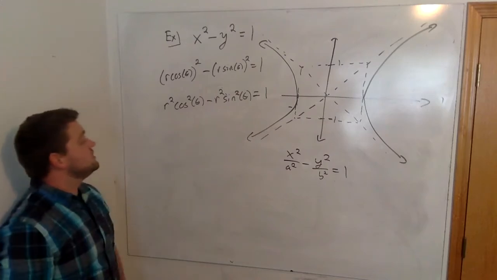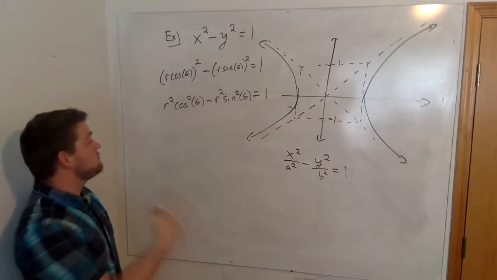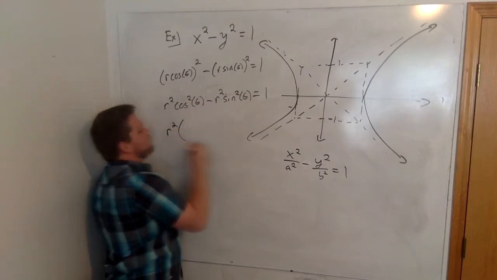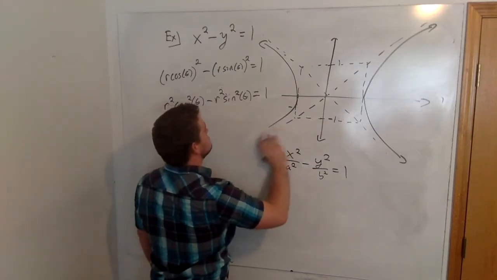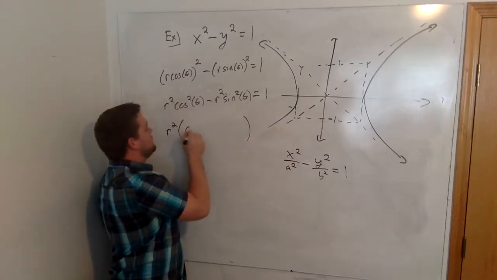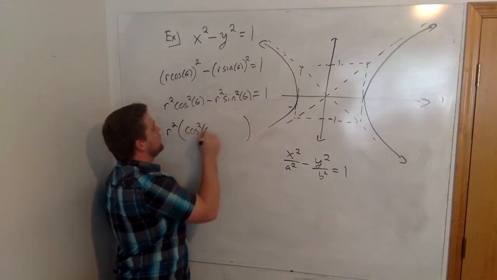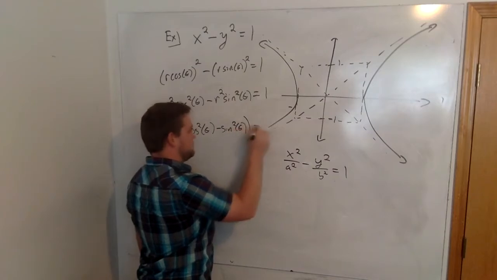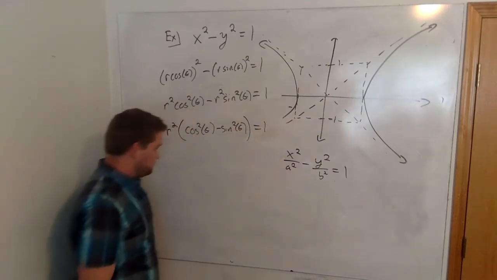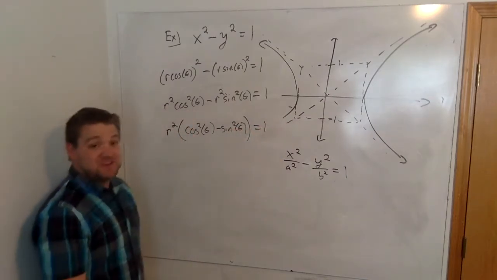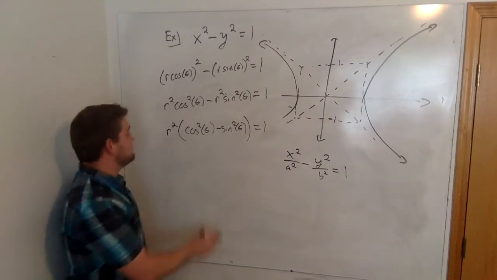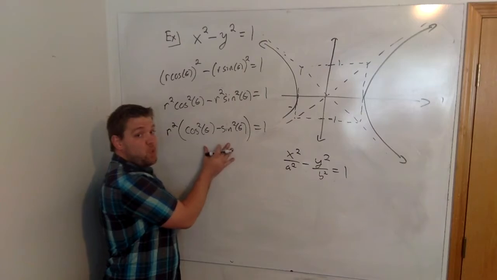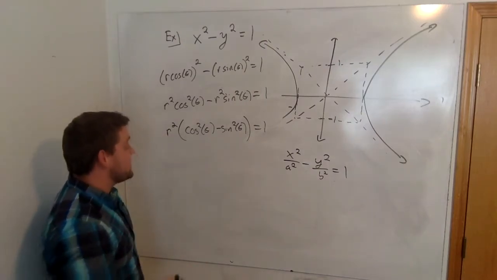A good thing to notice for this example is we can factor out an r squared. If we factor out the r squared, we'll be left with cosine squared of theta minus sine squared of theta being equal to 1. This is a little bit different. This isn't a cosine squared plus sine squared. If this was a plus, you'd replace this with a 1. But it's not a plus.